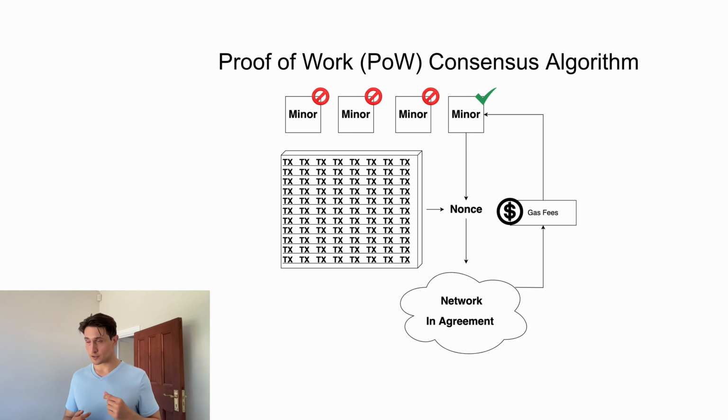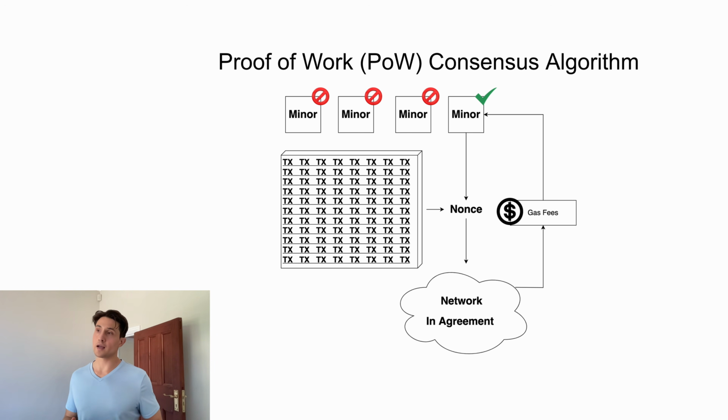Now, once it's found the nonce number, it has to be agreed by the network. So all the validators on the network have one vote, and they all have to reach an agreement that that is the right number. Once they are in agreement, that block can be added into the blockchain, and the gas fees associated with mining that block will be released and rewarded to the miner.